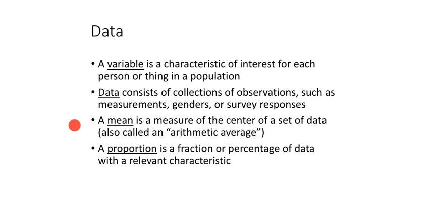But the mean is the middle. Finally, a proportion is a fraction or a percentage of the data with a relevant characteristic. When we talked about our Gallup statistics and found that 66% of our respondents were worried about identity theft, that 66% represented a proportion of the data gathered from our sample.